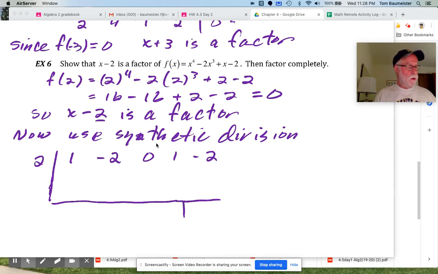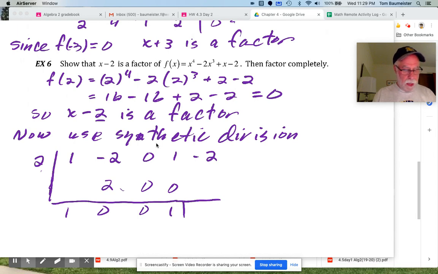All right, so now if we do this again, I bring the first one down. 2 times 1 is 2. If I add those together, negative 2 plus 2 is 0. 2 times 0 is 0. 0 plus 0 is 0. 2 times 0 is 0. 1 plus 0 is 1.